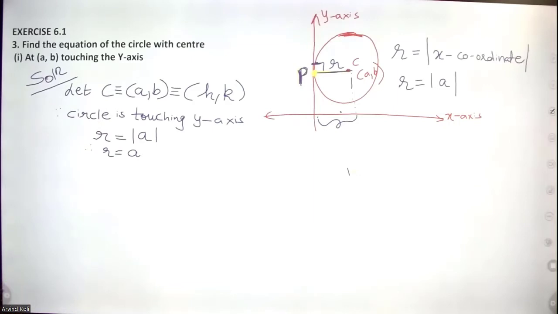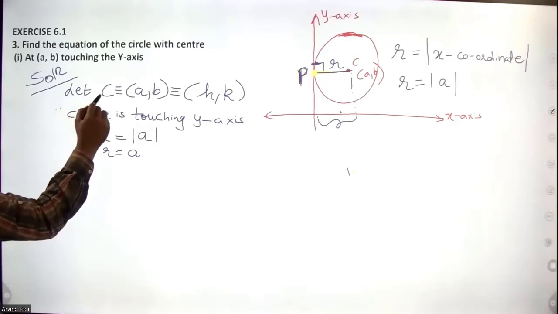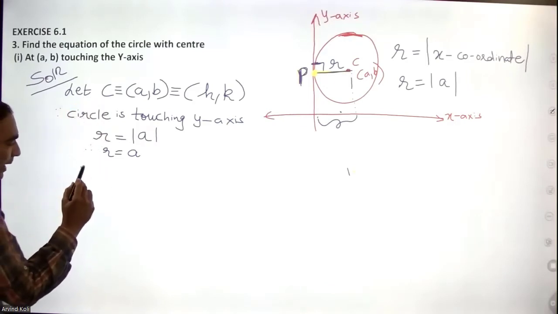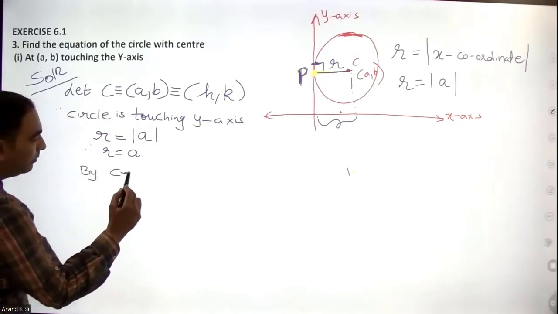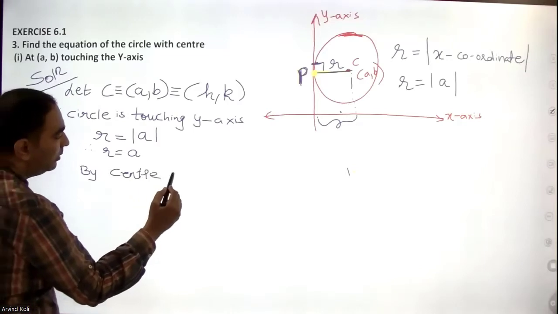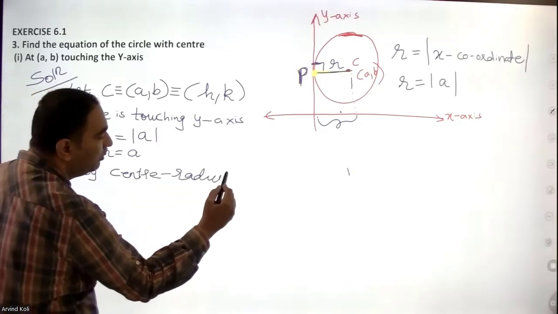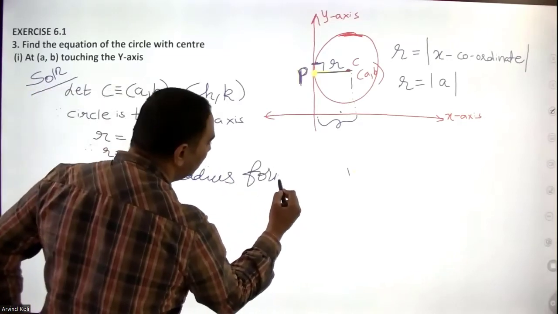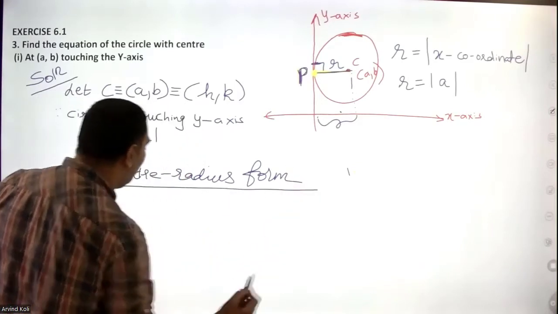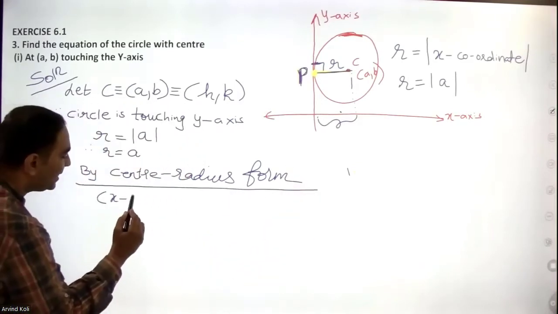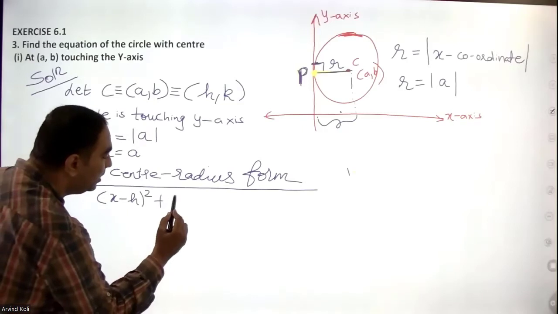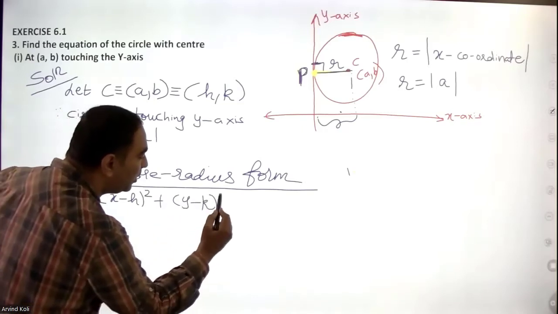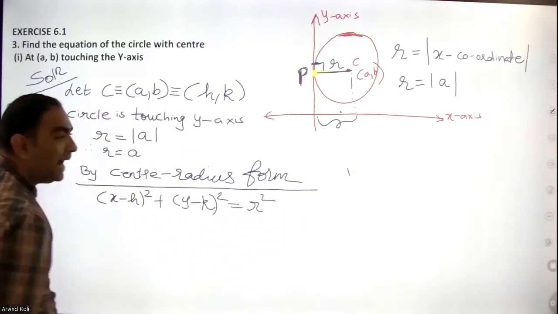Now, students, again, we are having the center, we are having the radius. Now we'll say by center, radius, what is the formula? The formula is (x minus h) the whole square plus (y minus k) the whole square is equal to r square.